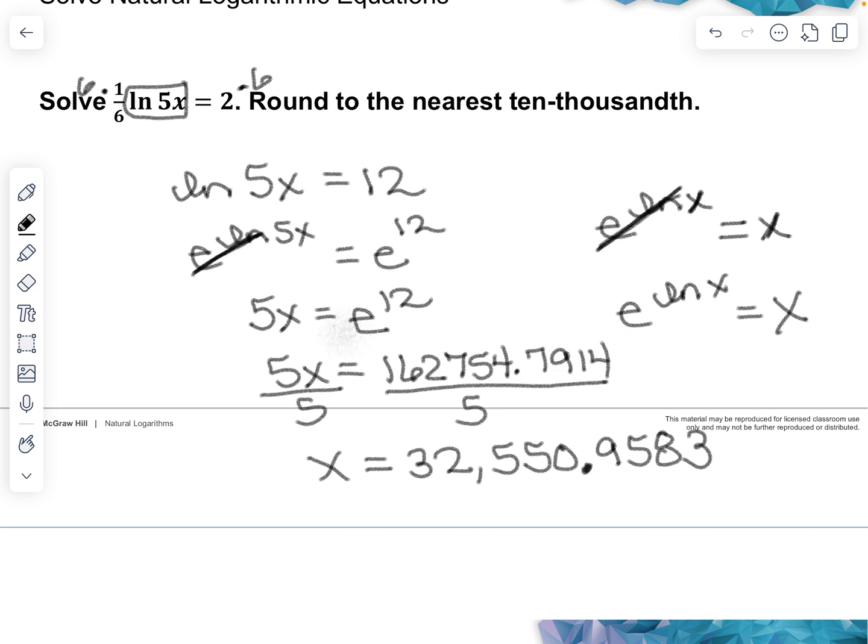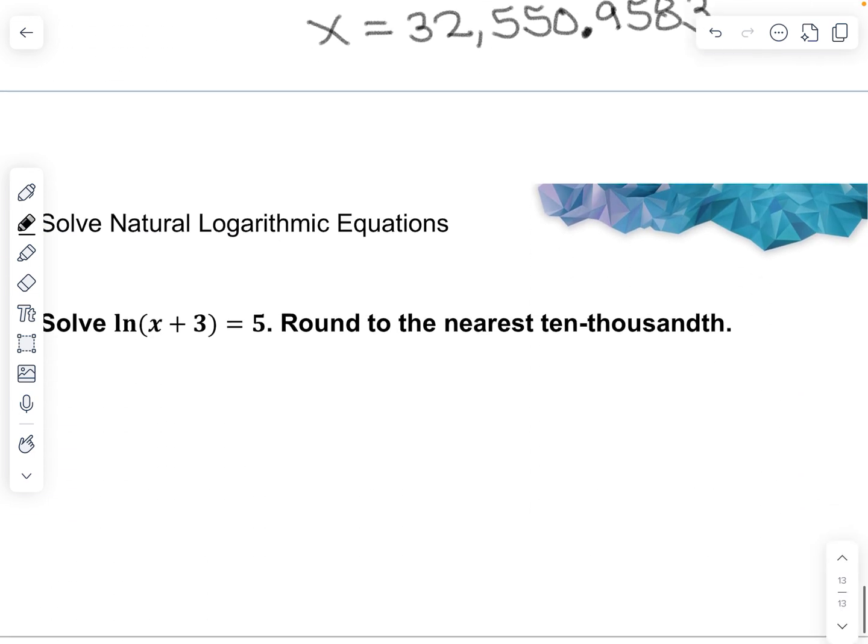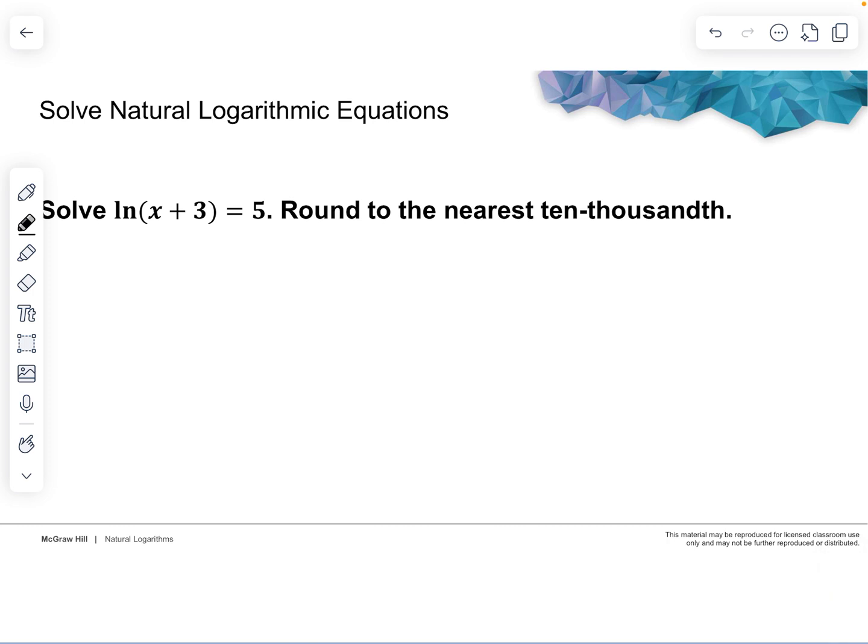This is your key. Remember this. I think we need to try it one more time. Natural log of x plus 3 equals 5. e raised to the natural log of x plus 3 equals e raised to the 5th. These cancel. x plus 3 equals e raised to the 5th.